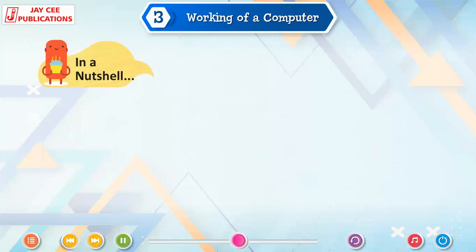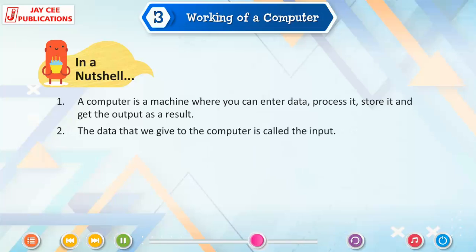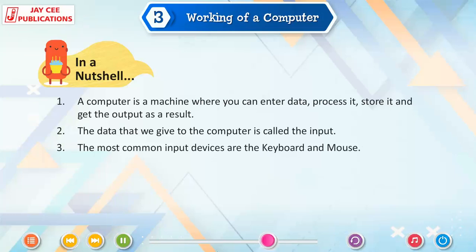In a nutshell. 1. A computer is a machine where you can enter data, process it, store it, and get the output as a result. 2. The data that we give to the computer is called the input. 3. The most common input devices are the keyboard and mouse. 4.